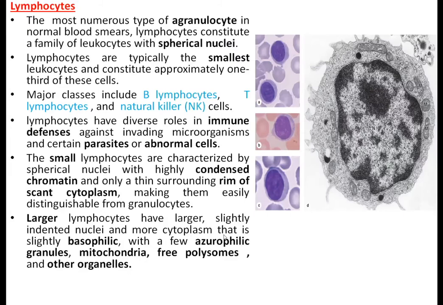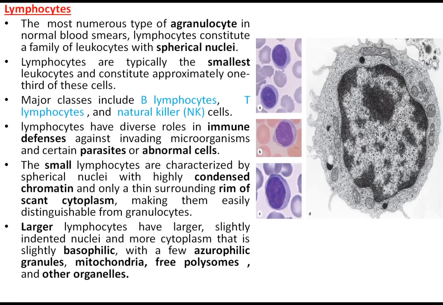The second part of leukocytes is the agranular cells, which are represented by lymphocytes and monocytes. Lymphocytes are the most numerous type of agranulocytes in a blood smear, with a spherical nucleus.